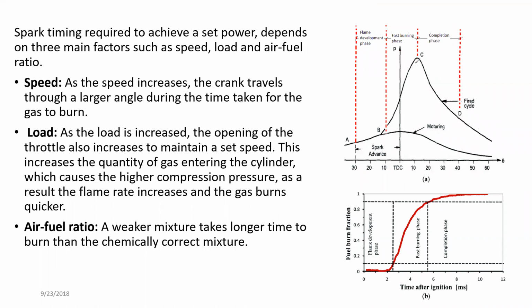These sort of things have to be done by the ignition system with the help of signals or data from other sensors, meaning the speed, load, and everything. In addition to that, the air fuel ratio data, how much fuel is injected into the engine from the fuel system.